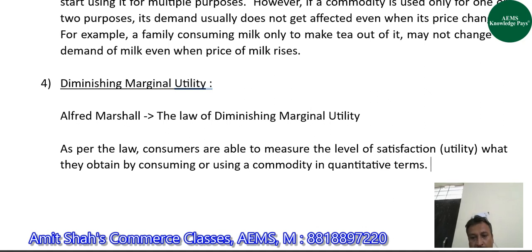Anything which can be measured in quantitative terms should have a unit of measurement. Like when I have to quantify length, the units of measurement that I have are feet, meter, kilometers, or miles. When I have to quantify weight, the units we have are gram, kilogram, pounds, quintals, and the like.